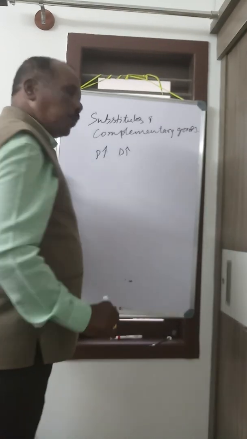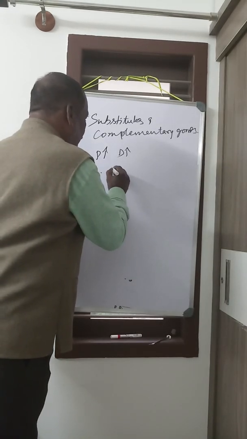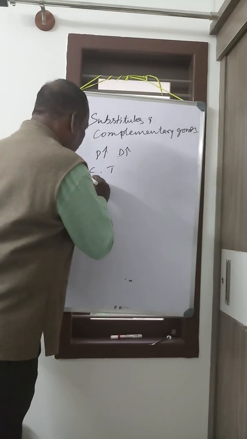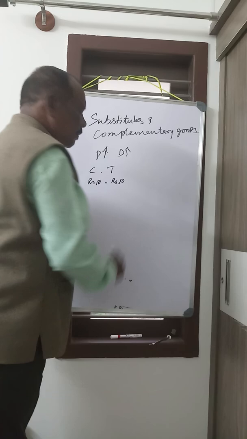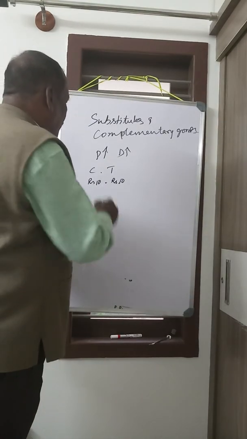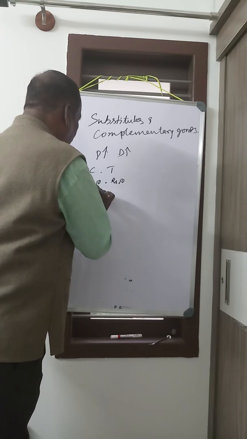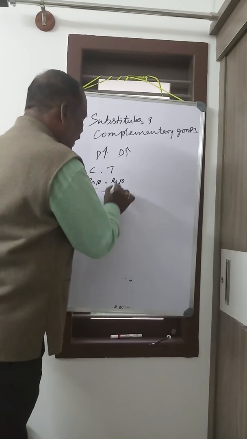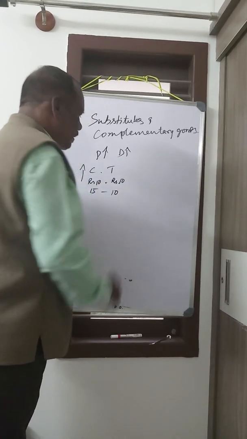There are two substitutes. One is coffee, another one is tea. Coffee costs rupees 10 and tea also rupees 10. Suppose the price of coffee rises to 15 rupees and the price of tea remains the same, that is 10.